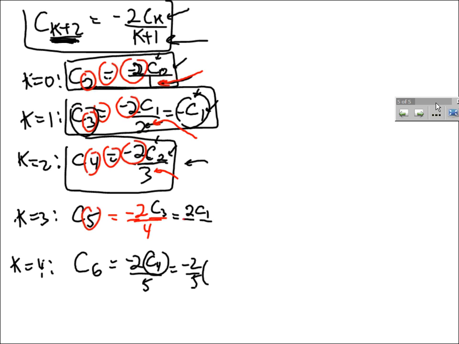It's -2 C2 over 3. So we get 4 C2 over 3 times 5. And I'm going to write that a little bit closer for obvious reasons.